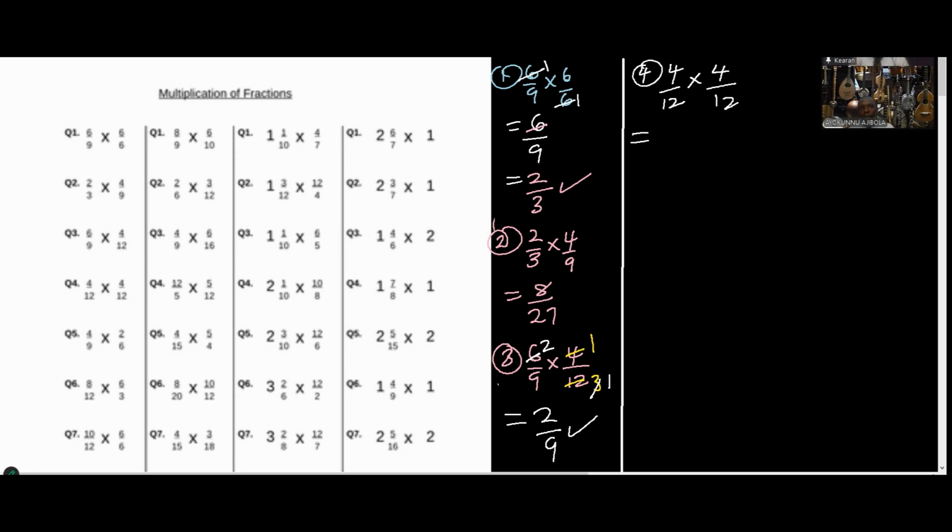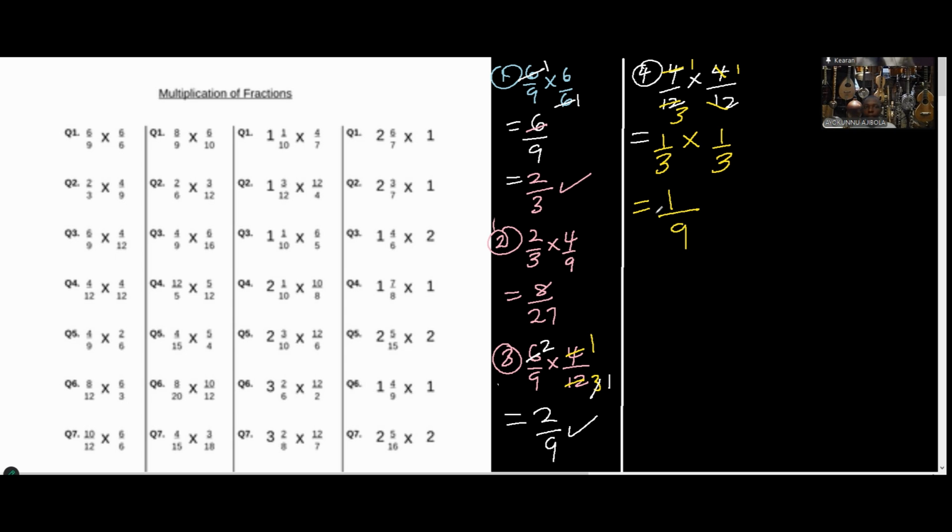So this is going to be 4 in 4 is 1, 4 in 12 is 3. That's 1 over 3. Then the second one is also 4 in 4 is 1, 4 in 12 is 3. Is that clear? Then I have 1 times 1, that's 1. Then 3 times 3, that is 9. Is that clear?